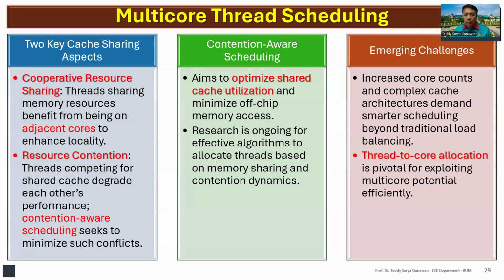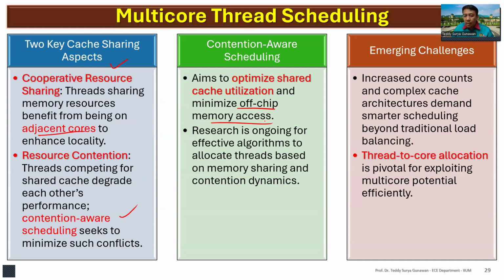Okay, for the cache sharing aspect, you can use cooperative resource sharing. Threads sharing memory resources benefit from being on adjacent cores to enhance locality, like we saw earlier. And for resource contention, threads competing for shared cache degrade each other's performance. So this is contention-aware scheduling, which tries to minimize this conflict. We want to optimize shared cache utilization and minimize off-chip memory access.